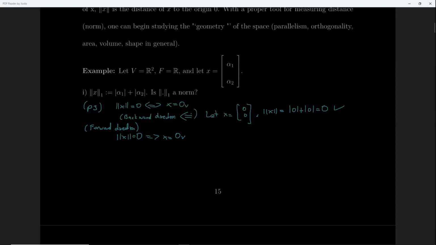All right, so let's write down the conditions for the norm of a vector with that definition being equal to 0. It means that the absolute value of alpha 1 plus the absolute value of alpha 2 is equal to 0. So you know that the absolute value function takes non-negative values, right? So this is non-negative, and that second term is also non-negative.